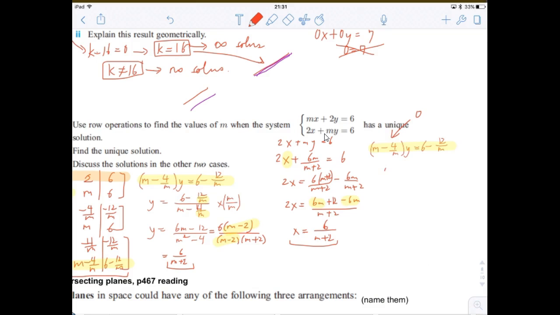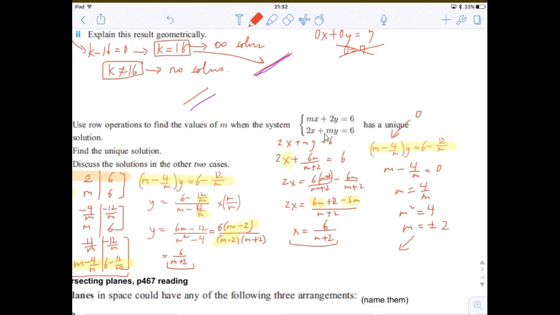So if this is 0, we could say m minus 4 over m equals 0, and then that m equals 4 over m, and then that m squared equals 4, right? Which means that m is equal to plus or minus 2. Okay, so basically what this is saying is if m is plus 2 or m is minus 2, then we would end up with 0 on the left, and we would probably end up with something that's not 0 on the right.